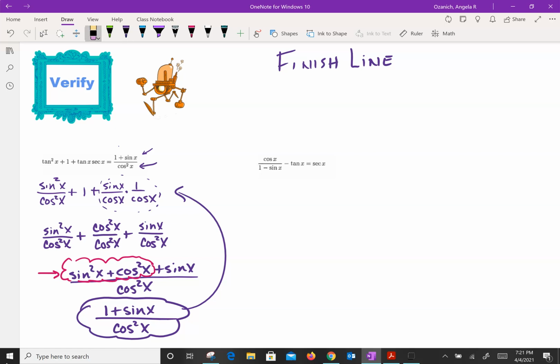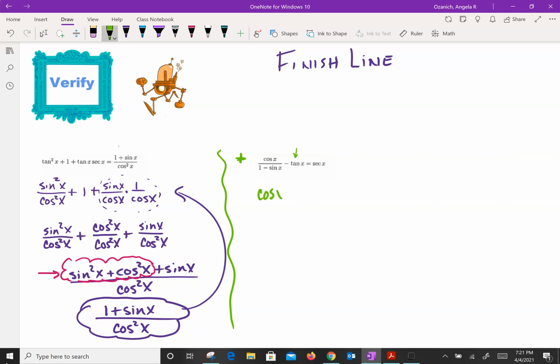Okay, perfect. So hopefully talking through that helps with some of the thinking. Go ahead and try this next one, and I will share with you what I would try as you're verifying this next identity: I would change tangent. So let's just do that first part together.